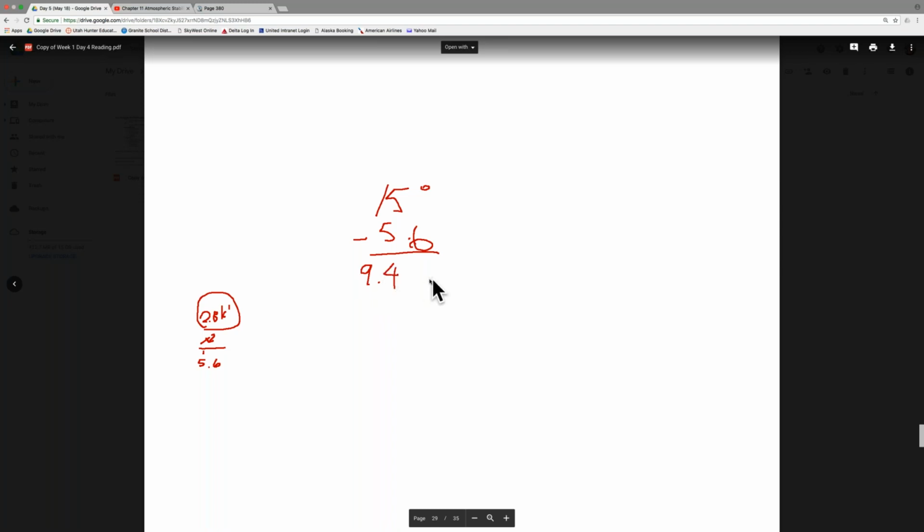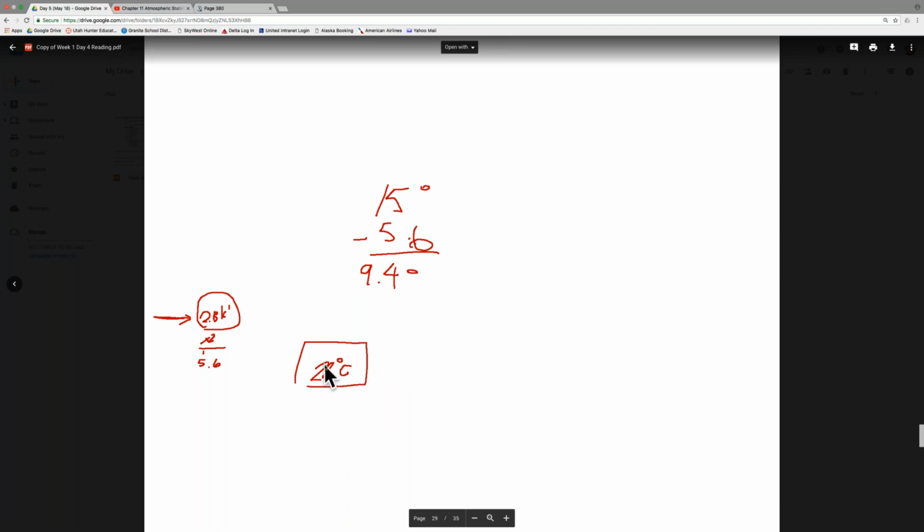9.4 degrees. That's our standard temperature at St. George Airport here. But we look at the METAR and it is 22 degrees Celsius in St. George. All we're going to do is figure out the difference between the two.